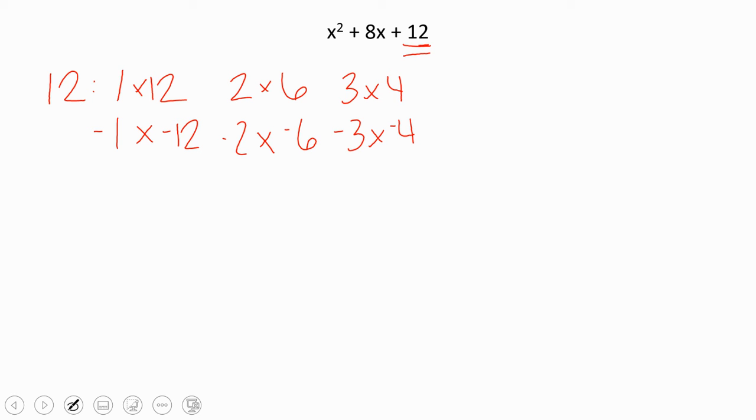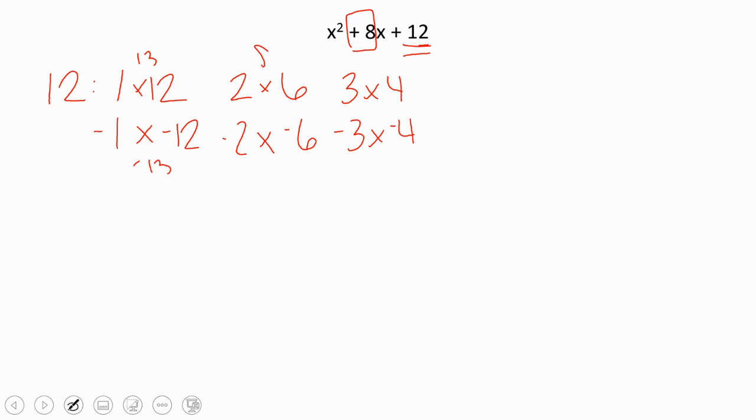Then you look at which factors are going to add to give you positive 8. You always use the sign that's in front of the term. So when we add these, we're going to get 13. When we add these, we get negative 13.